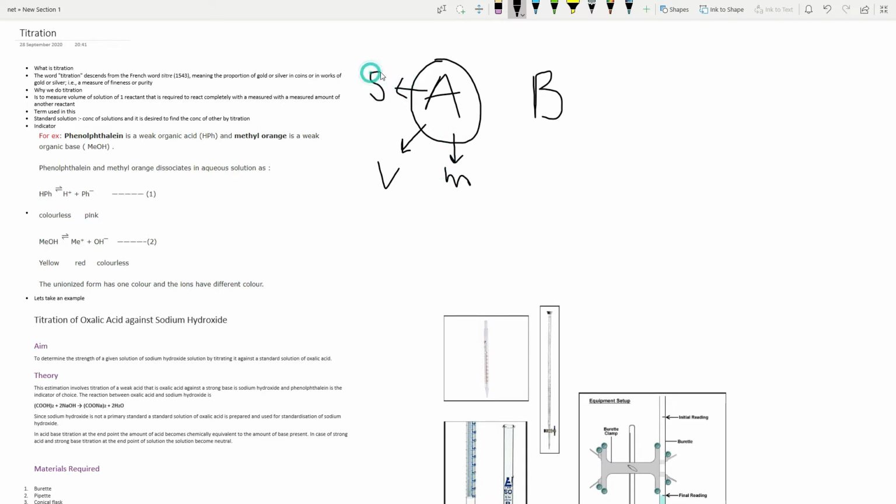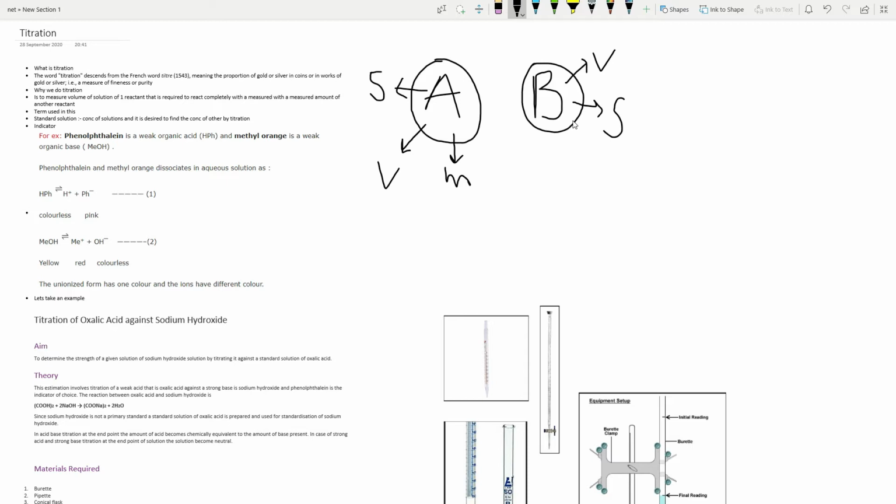But for B you only know the volume and you need to find out the strength. So to do this we are going to see the titration process.